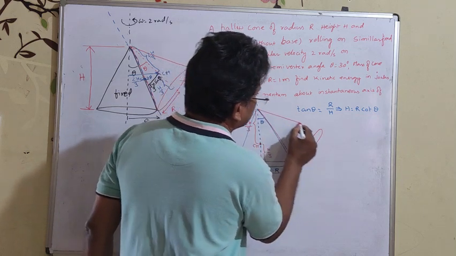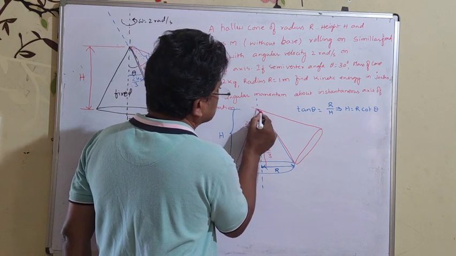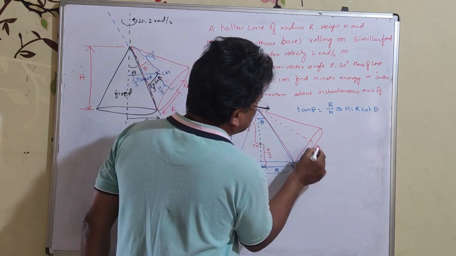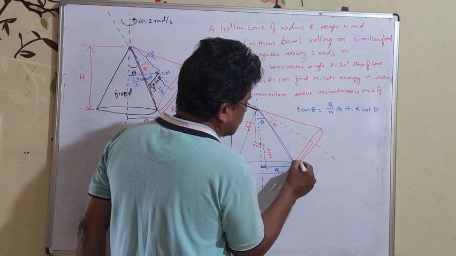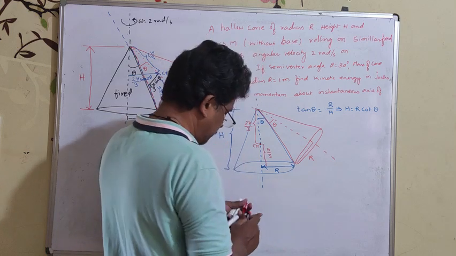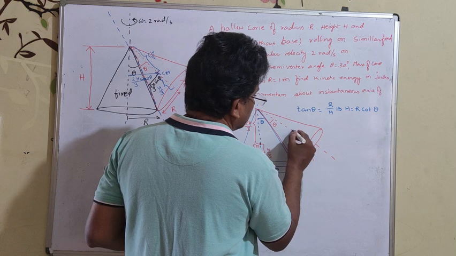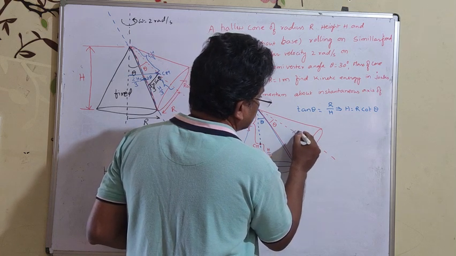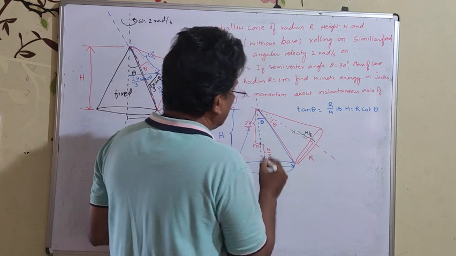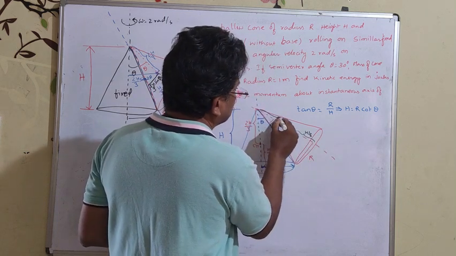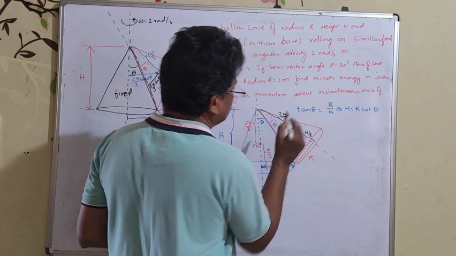is rolling. For this also, the semi-vertex angle is theta, the radius is also r, and its center of mass is at a height h by 3 from the base center, and from the top this distance is 2h by 3.